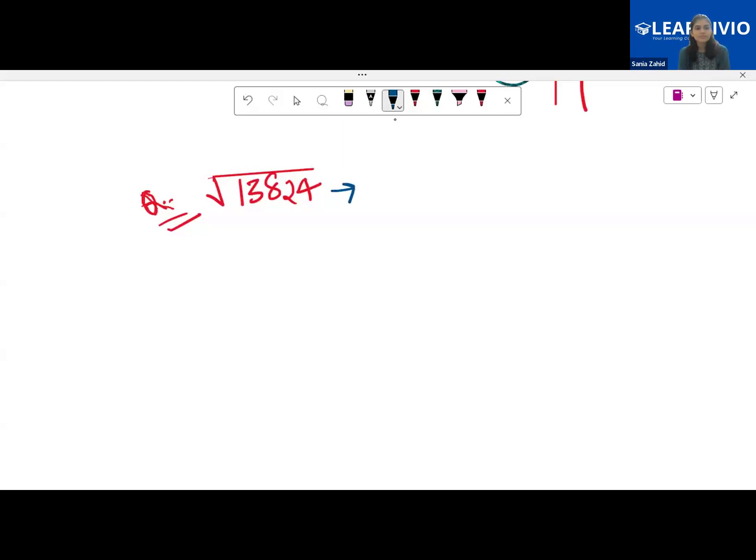Yeah, wait, ma'am. 13824 is not a perfect square. It's not a perfect square. Okay, let's check.